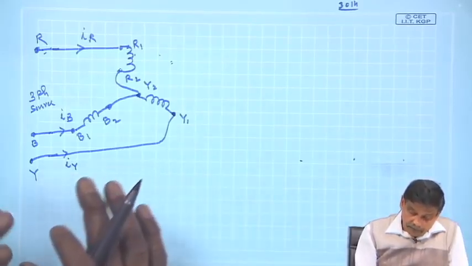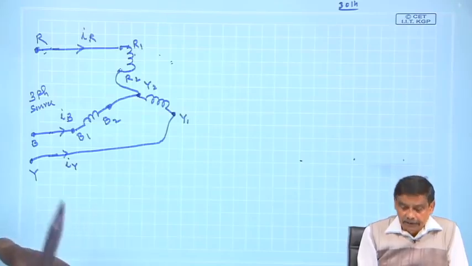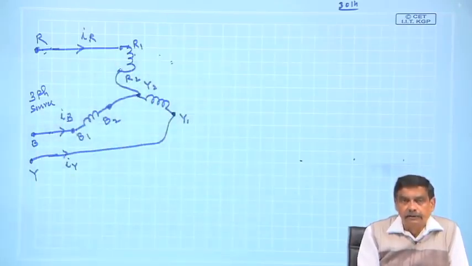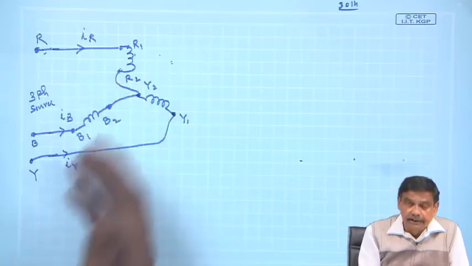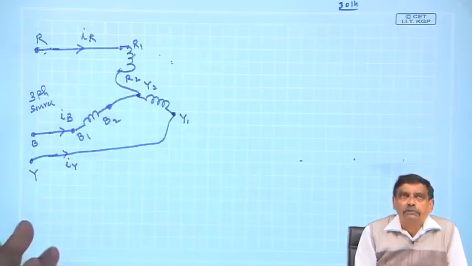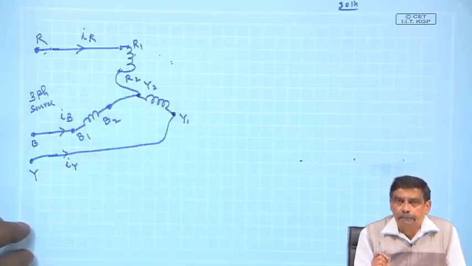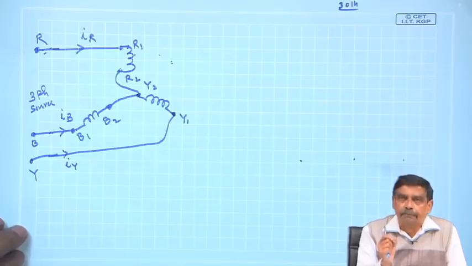Now, we ask ourselves, when a winding carries time varying currents like this, what will be the magnetic field in the air gap, that is B in the air gap.